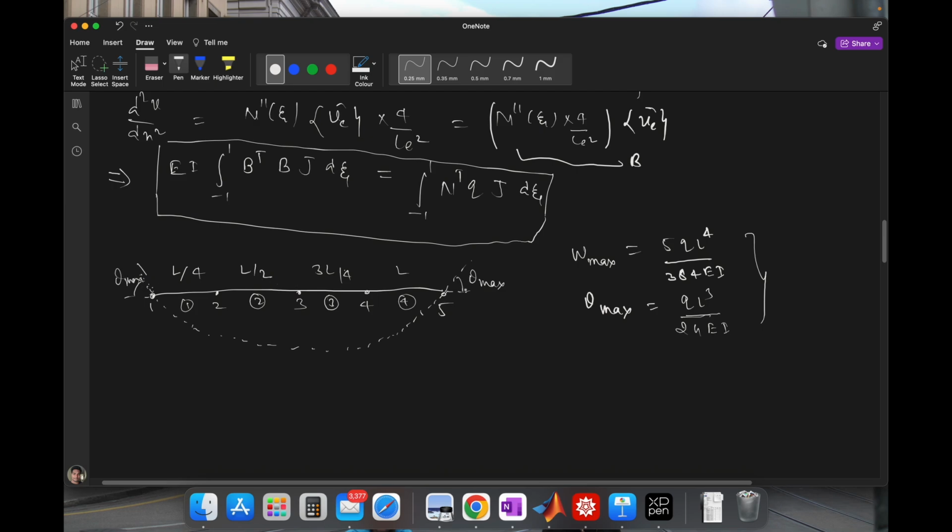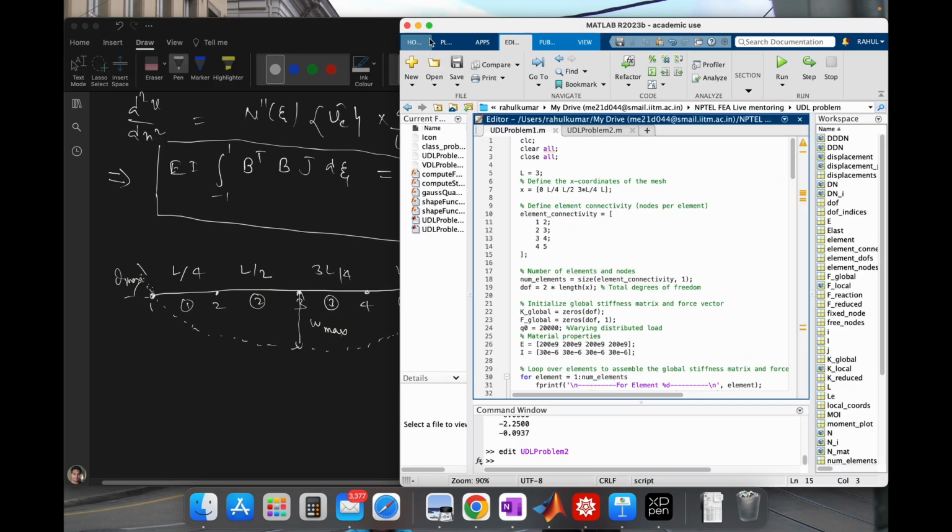Since this one is anti-clockwise, this theta should come negative, and this is clockwise, so this theta should come positive. And here is the maximum displacement, this is W max.